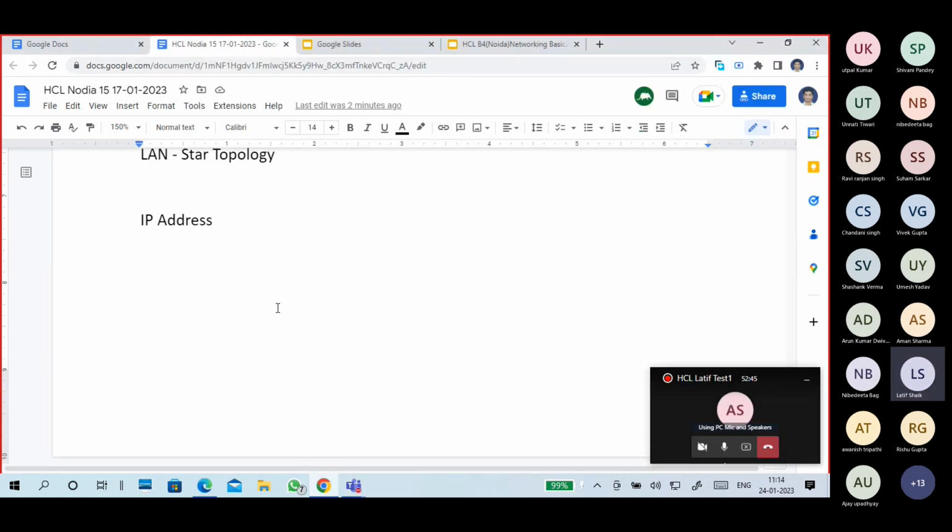Okay, so here it is, IP addresses. Already we told about the MAC address. Now this is the IP address, guys. First of all, an IP address is a logical address. A MAC address is a physical address.